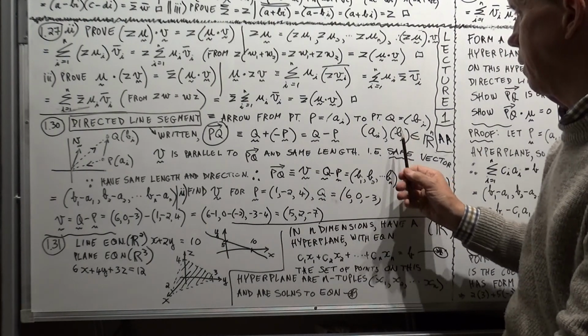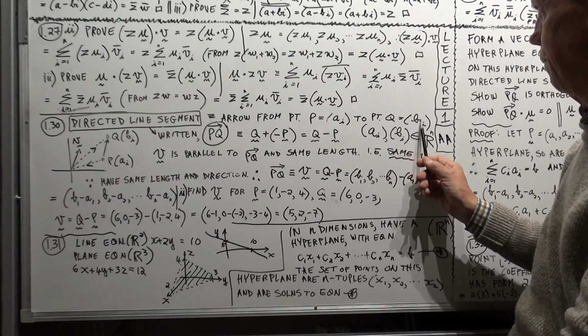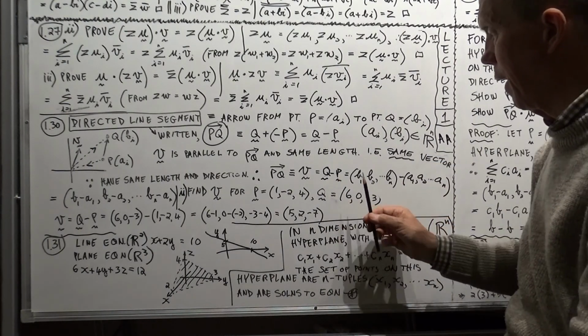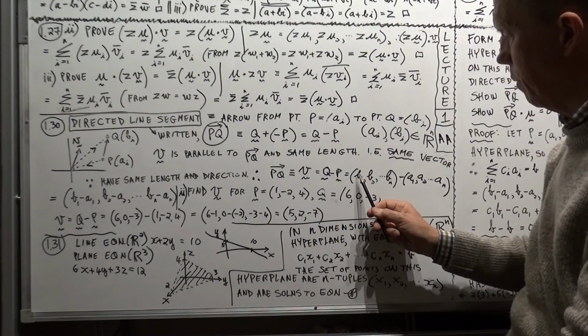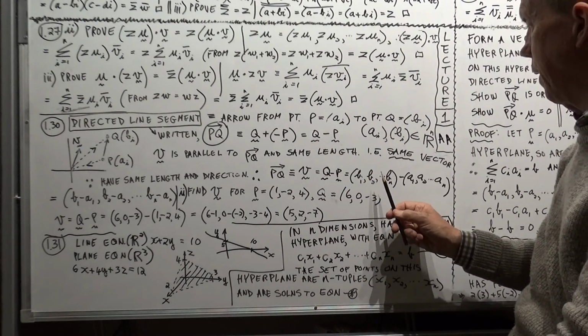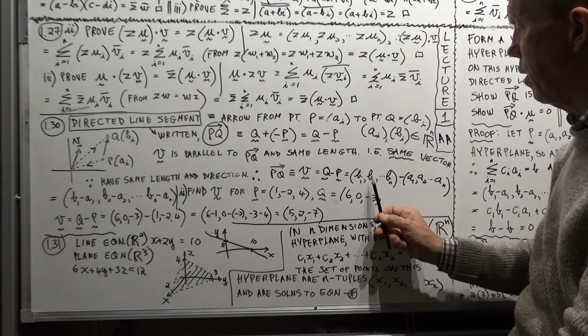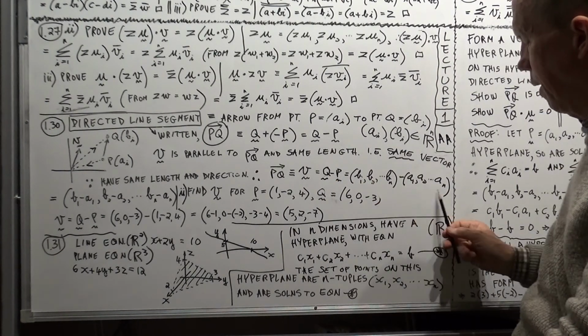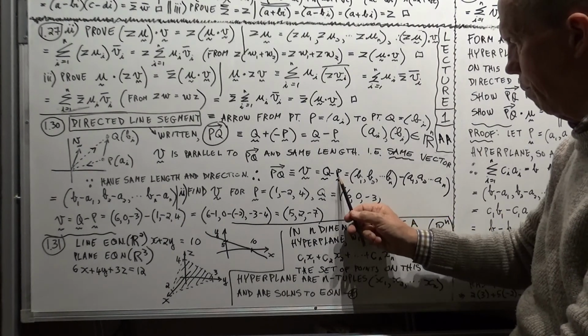So writing it out in full to be a bit more explicit: here's your Q n-tuple, your vector. We're in real space, so these are real numbers. Minus P, so here's your n-tuple for the vector P.